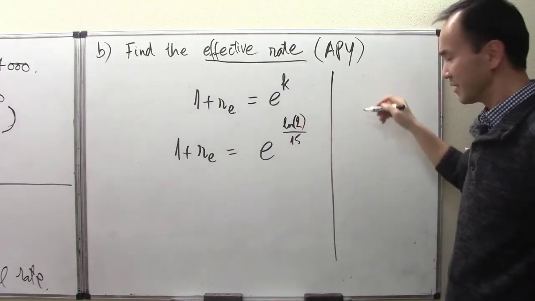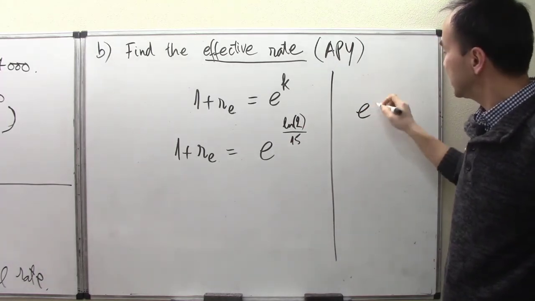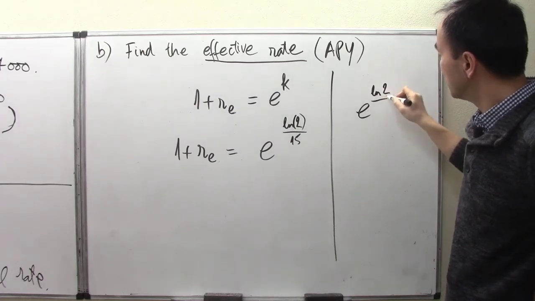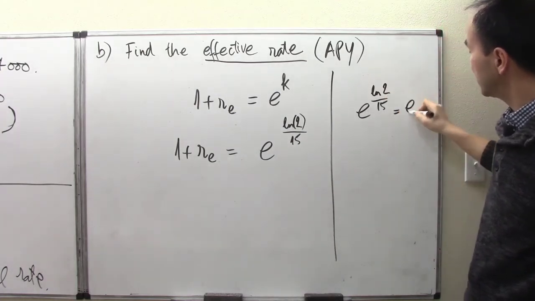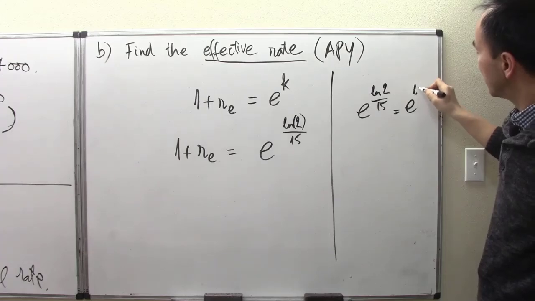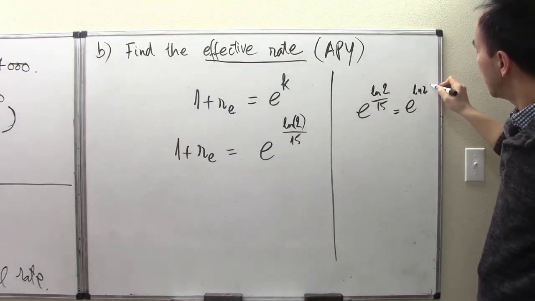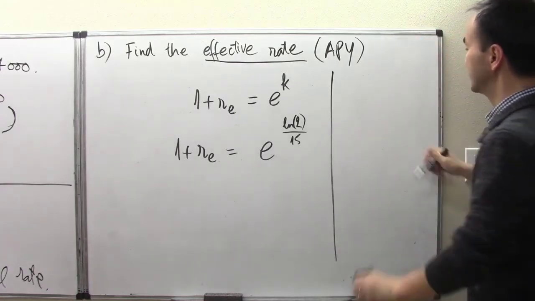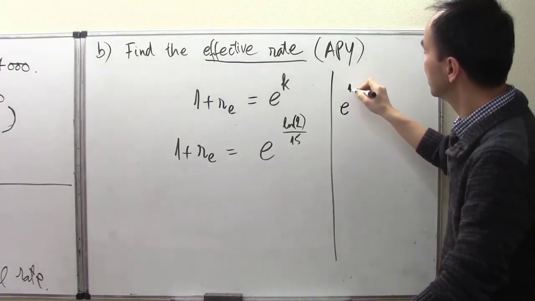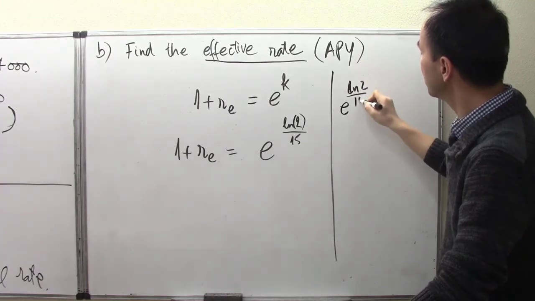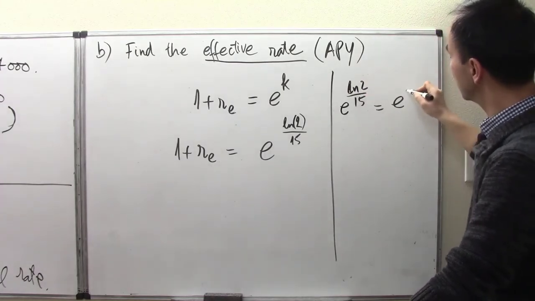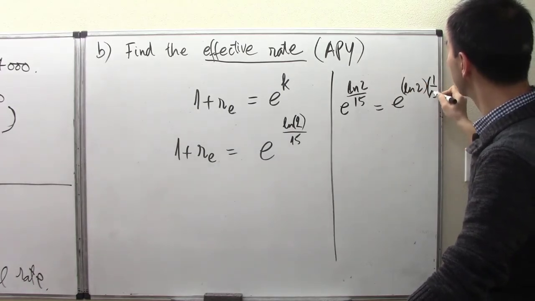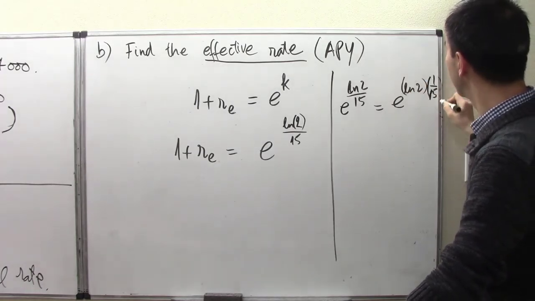Just a little side work: e to the natural log of 2 over 15 is the same as e to the natural log of 2 multiplied by 1 over 15.